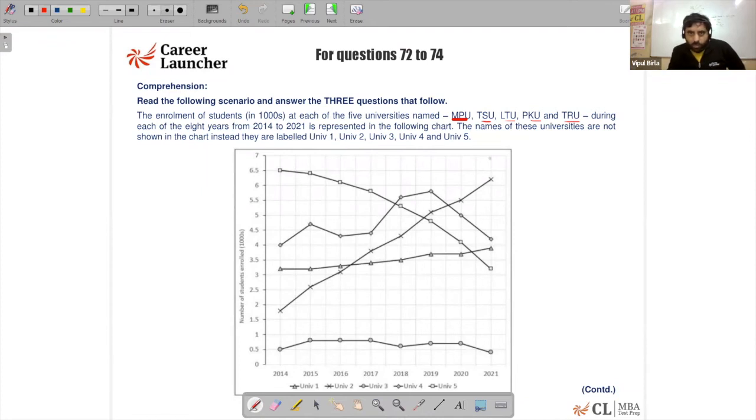Now, the names of these universities are not shown in the chart. Instead, they are labeled as University 1, 2, 3, 4, and 5.